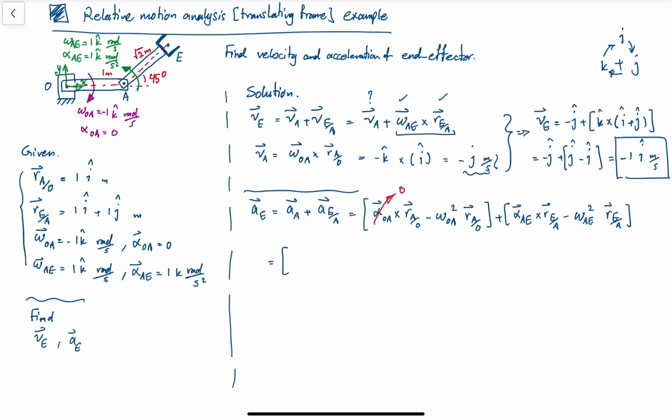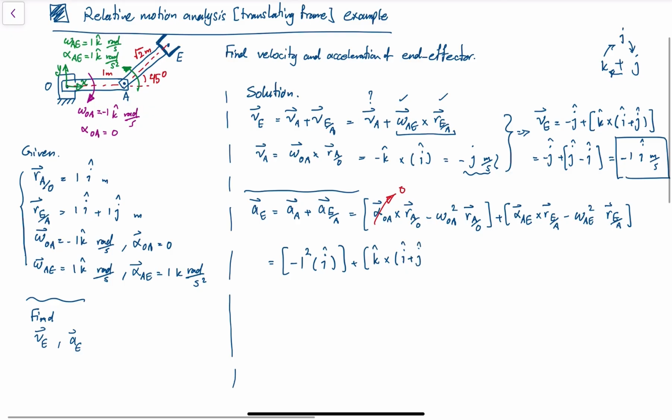So I have minus omega squared, 1 squared, times R of A relative to O, that is I. That is the first set of a square bracket. The second one, I have K cross I plus J, minus 1 squared again, I plus J.